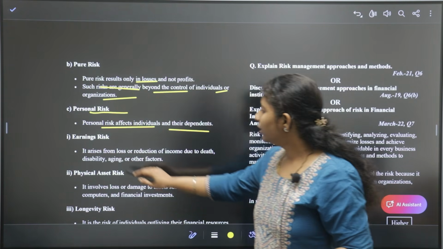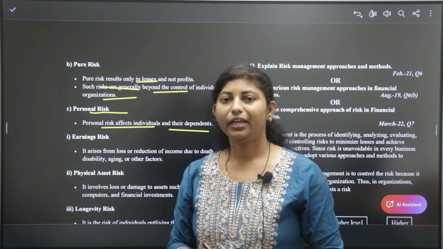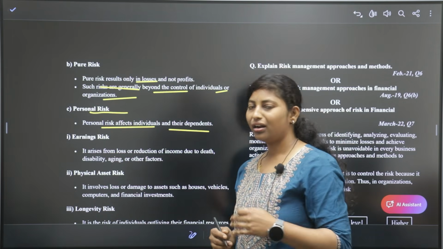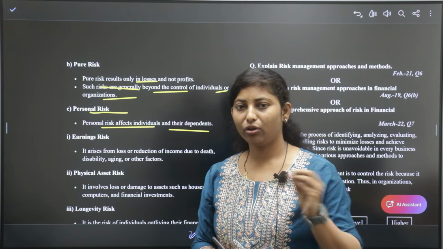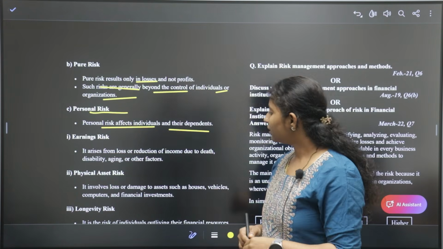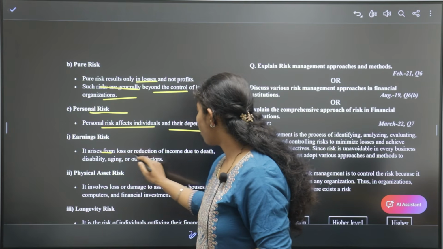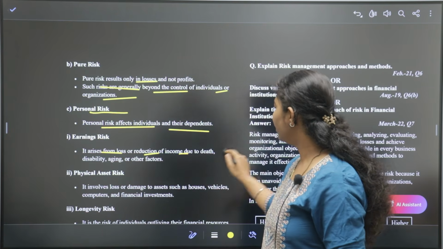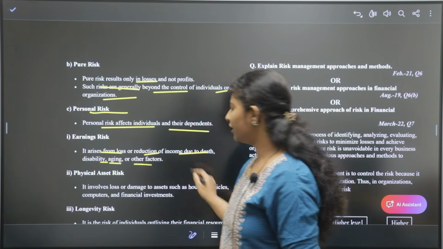Next we have earning risk. Earning risk directly affects the dependents. If you are an earner and many families are dependent on you, it is going to affect those persons. Earning risk arises from losses or reduction of your income due to death, disability, age or other factors.